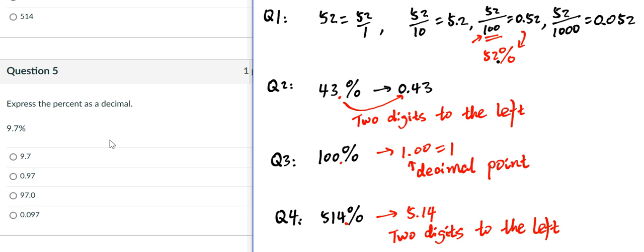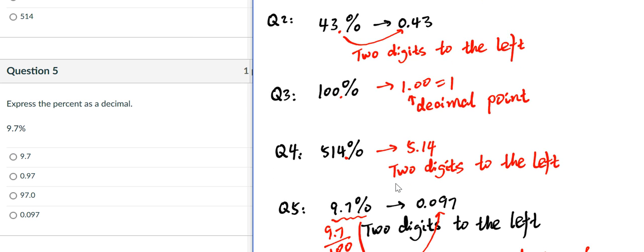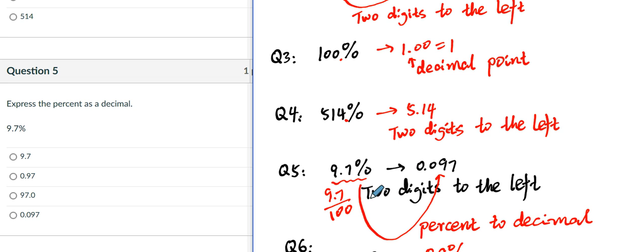Here is the same thing, percent to the decimal. So 9.7%, this decimal point is between 9 and 7. You want to shift 2 decimal places to the left. So it's going to be 0.097.